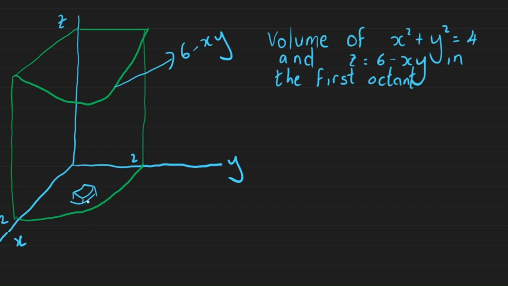We're integrating firstly along the z-axis. Where are we integrating from? We're starting off at 0, and then we're going all the way up. Where are we stopping? We're stopping at the plane at which it's bounded, so we're stopping at z is equal to 6 minus xy. So that is our z boundaries: we're integrating from 0 to 6 minus xy. Then we need to think about r and theta.